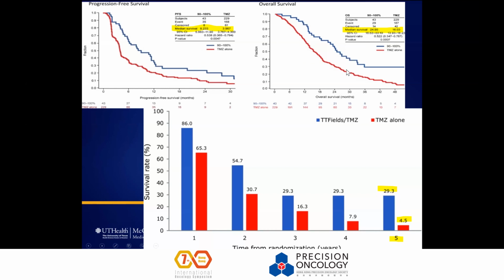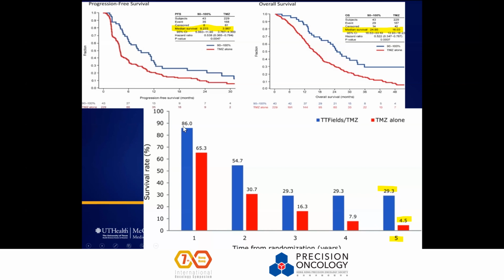As you can see, the overall survival difference is clearly statistically significant. Also for survival rates at 1 year, 2 years, 3 years, 4 years, and 5 years, the treatment arm patients always outperform the standard of care group.